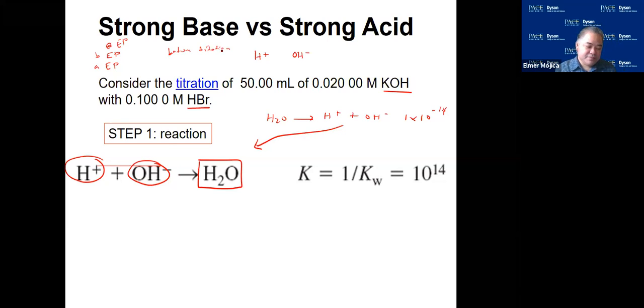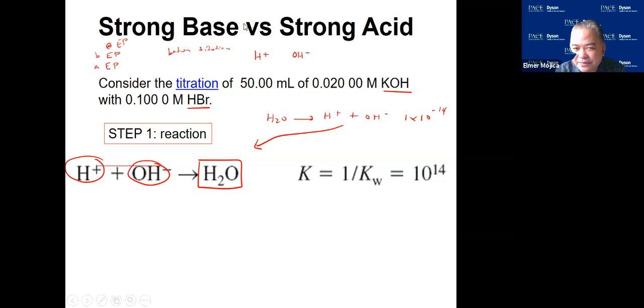Okay? So, just like what we learned last meeting, what is the first thing that we do if we have a titration problem? What was the first step that we did last time?